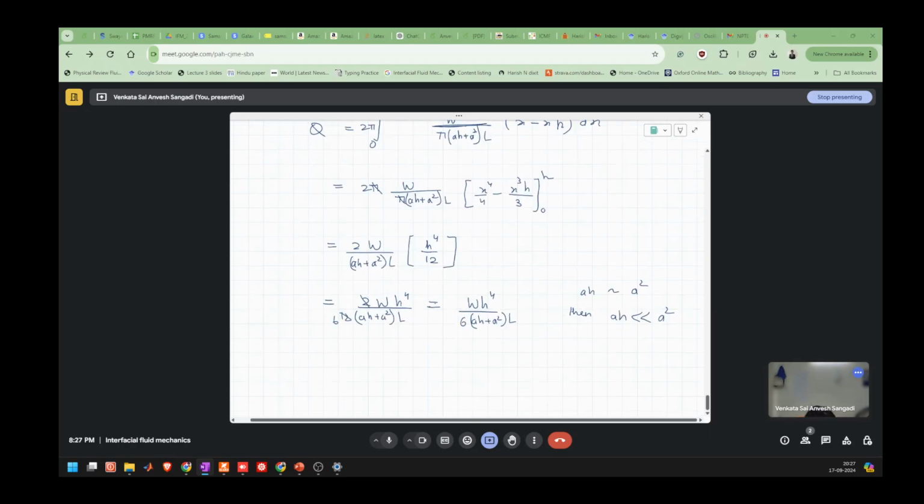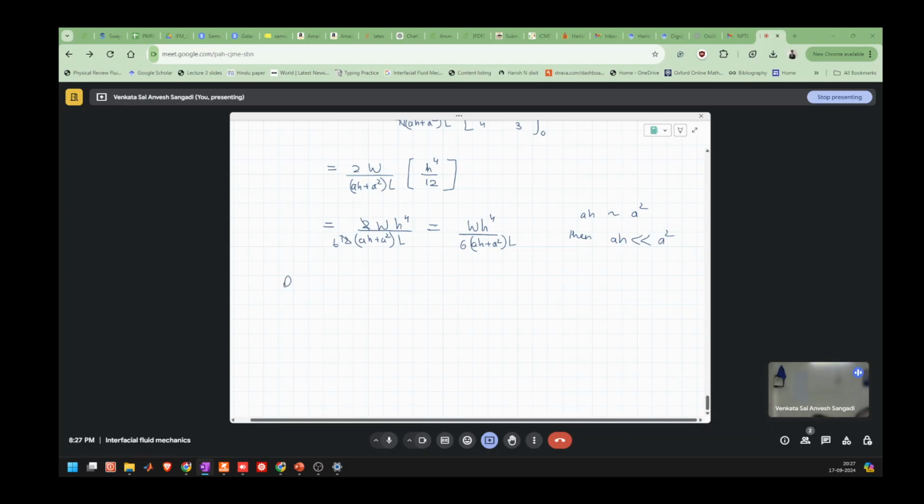So we can write q as approximately equal to w h to the 4 by 6 a square L.